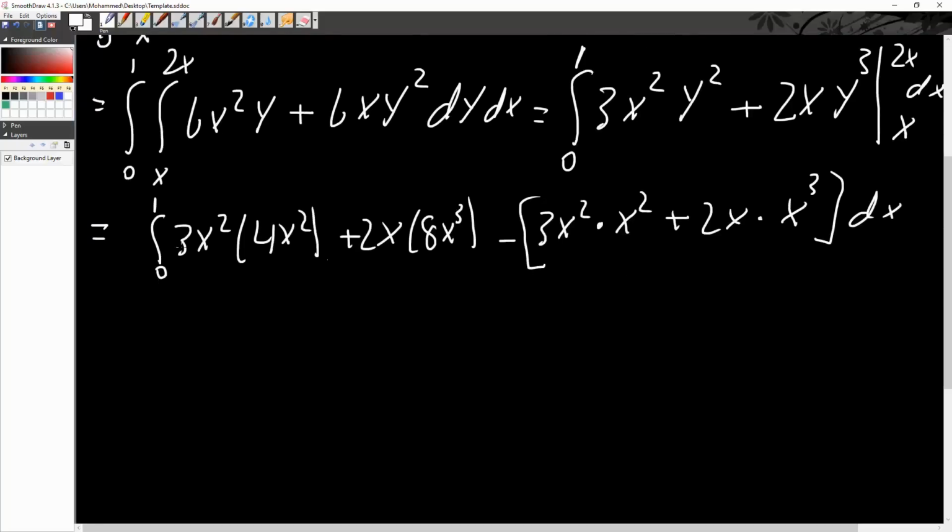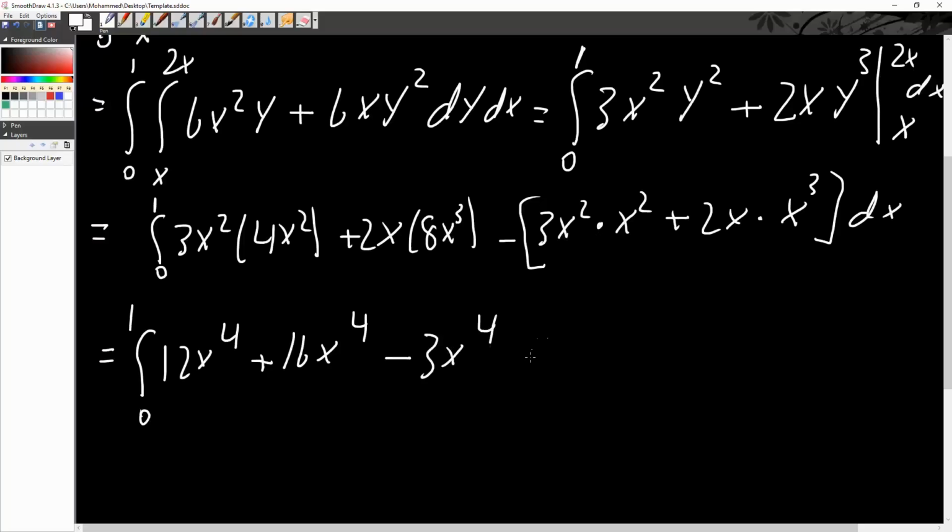Next we will multiply, like the x squared by x squared. What we're going to get for that would be the integral from 0 to 1 of 12x raised to the 4th plus 16x raised to the 4th, minus 3x squared times x squared would be minus 3x raised to the 4th, minus 2x raised to the 4th, dx.